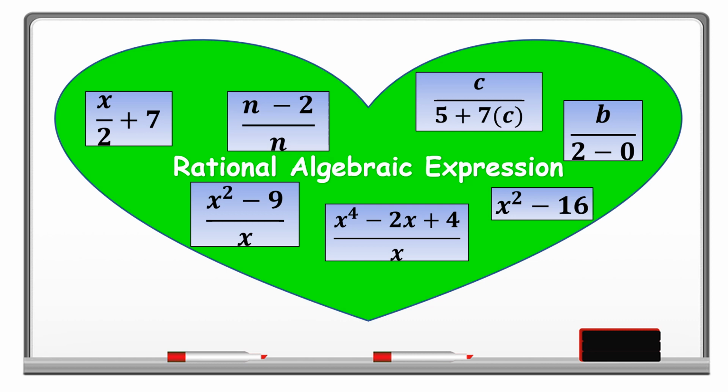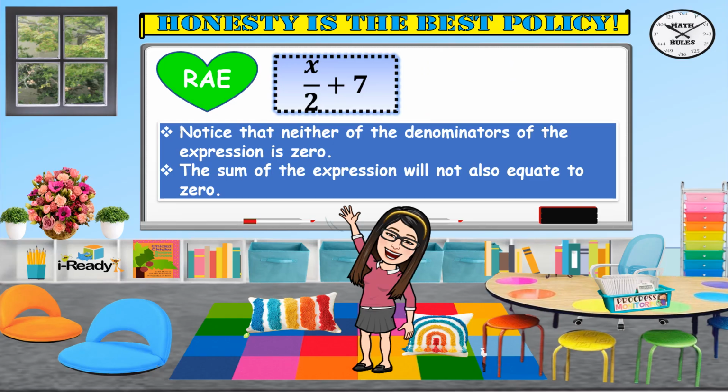As you can see here, we have x over 2 plus 7, n minus 2 all over n, c all over 5 plus 7c, b all over 2, x squared minus 16, x to the 4th power minus 2x plus 4 all over x, x squared minus 9 all over x. And those are green light, or rational algebraic expressions.